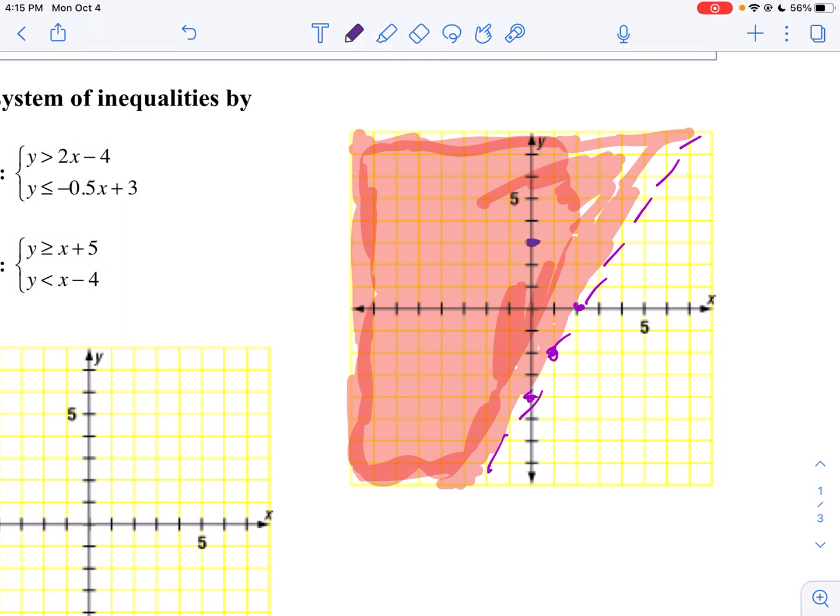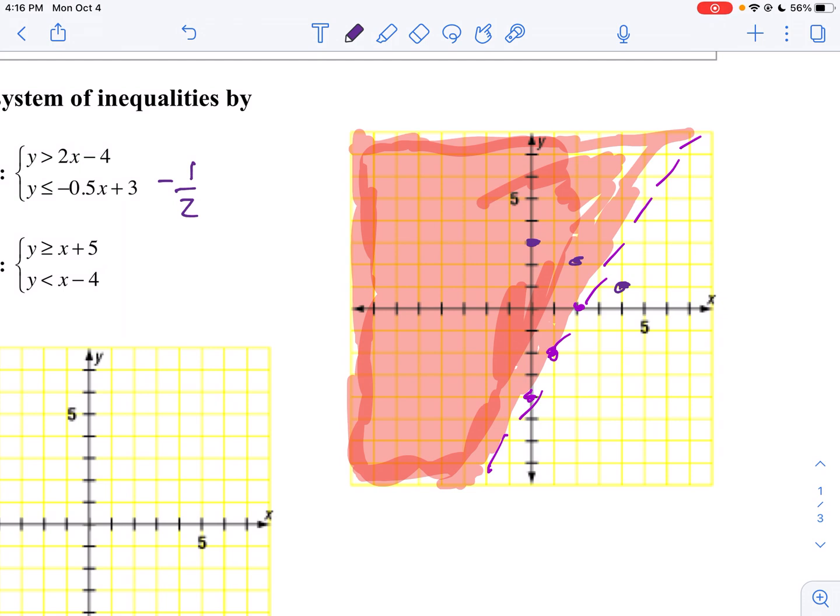And then my slope, negative 0.5, is actually negative 1 over 2, so I go down 1 to the right 2. And this is a solid line. And down 1 to the right 2.